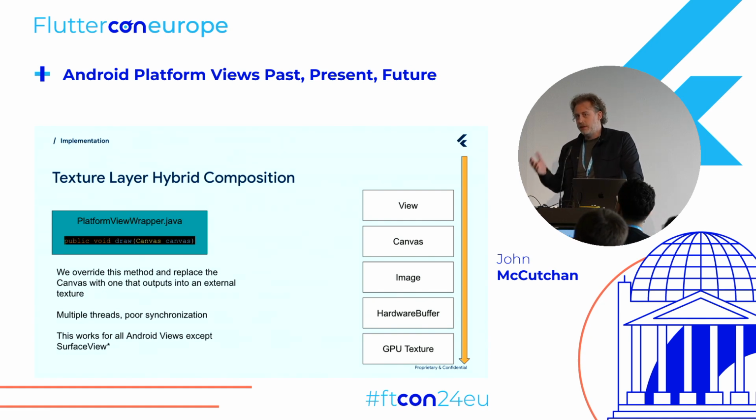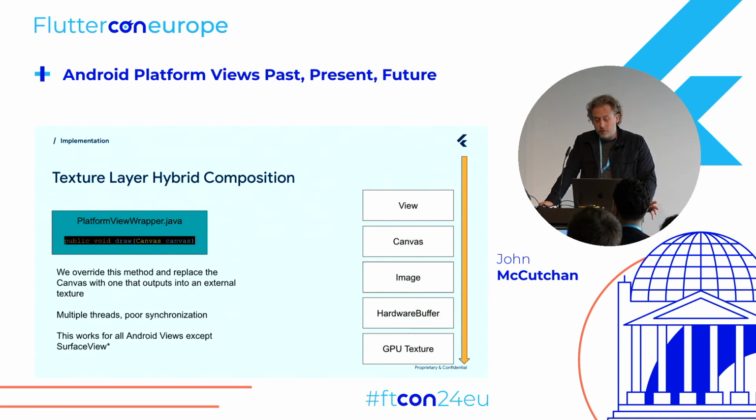This canvas is typically associated with the main window of the Android application. But in texture layer hybrid composition mode, we don't use the canvas passed to us by Android. We use our own canvas, which ends up piping what's painted into a texture eventually.